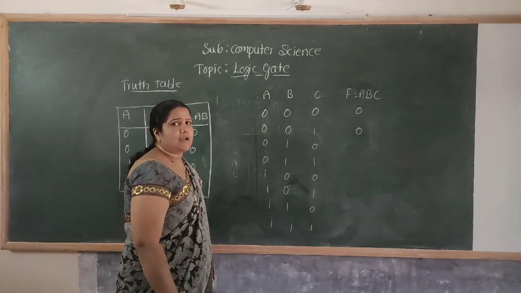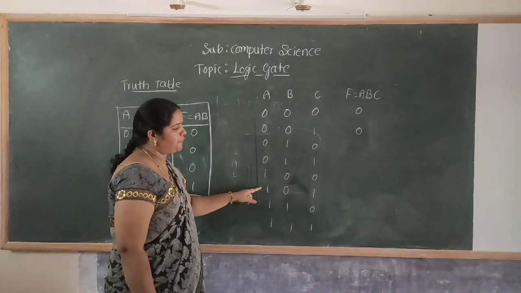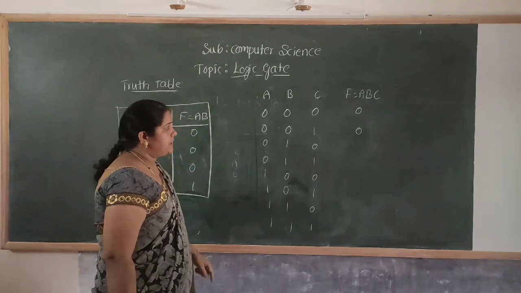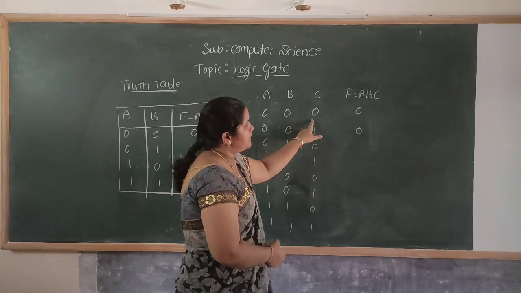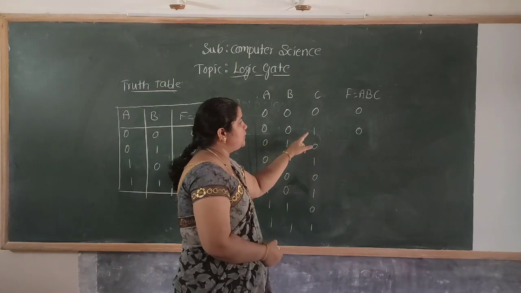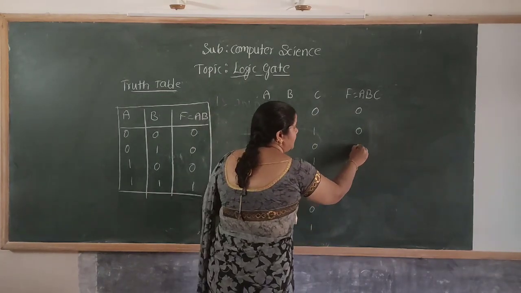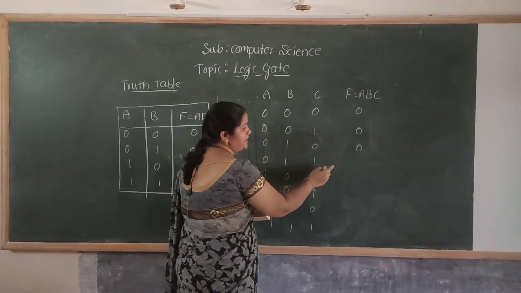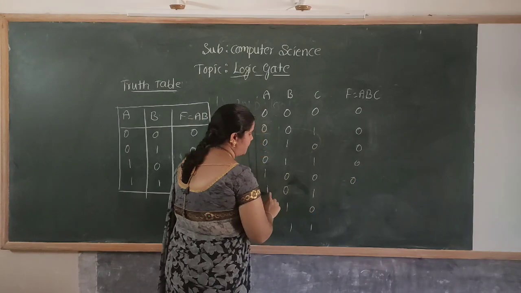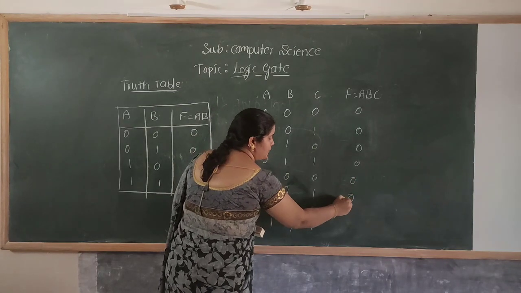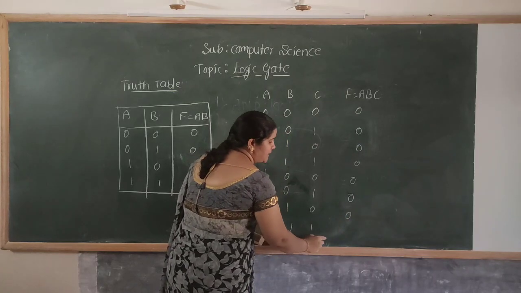These are the eight combinations, 0, 1, 2, 3, 4, 5, 6, 7, which are binary numbers. 0 into 0 into 0 is 0, 0 into 0 into 1 is 0, 0 into 1 into 0 is 0, 0 into 1 into 1 is 0, 1 into 0 into 0 is 0, 1 into 0 into 1 is 0, 1 into 1 into 0 is 0, and 1 into 1 into 1 is 1.